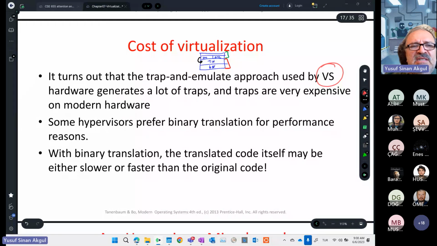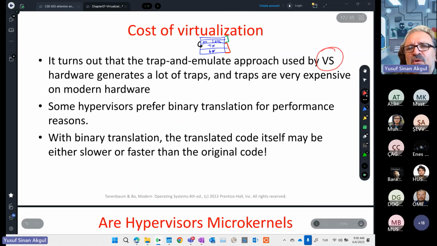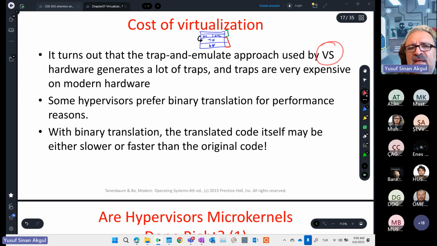We like to stay away from them. So this brings us to this one. Although we have virtualization support by hardware, some hypervisors prefer to rewrite the code of the guest operating system, translate it so that it doesn't cause any trap.